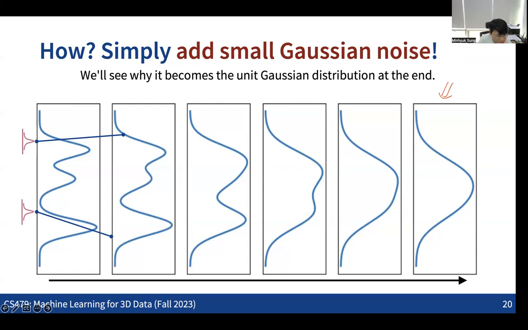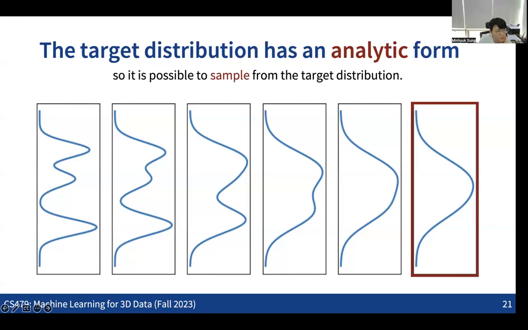What we are going to do is map the given data distribution into the unit Gaussian distribution. If we have this mapping from the data distribution to the unit Gaussian, and also the reverse mapping from the unit Gaussian into the data distribution, then we can sample the data based on this mapping.